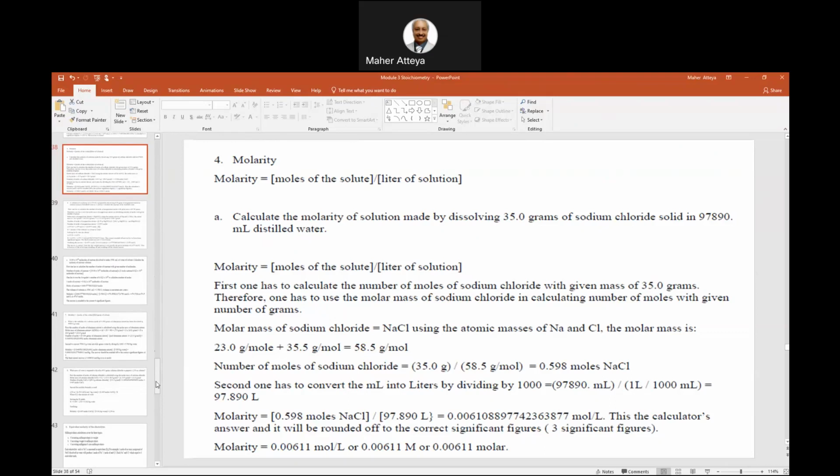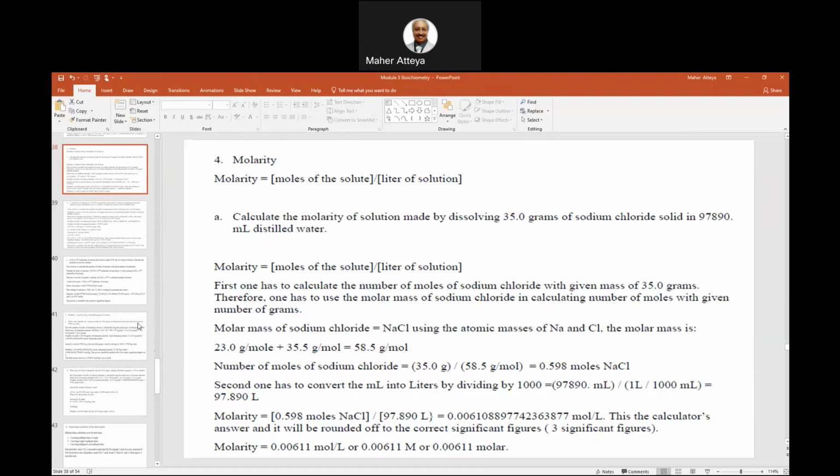There you have liter of solution, here you have kilogram of the solvent. So molality is mole per mass, per kilogram, and molarity is mole per volume. That's the difference between them.